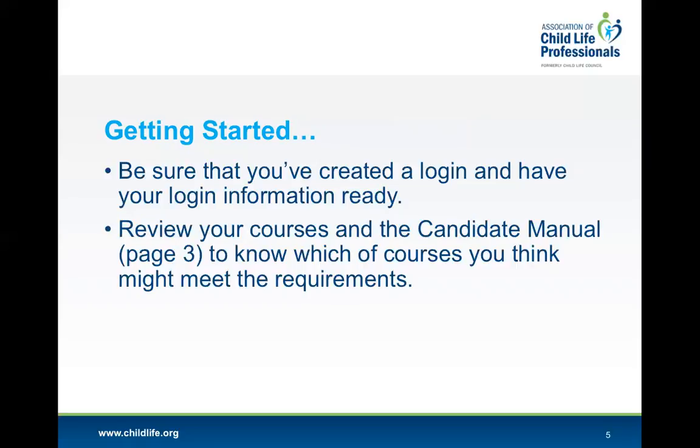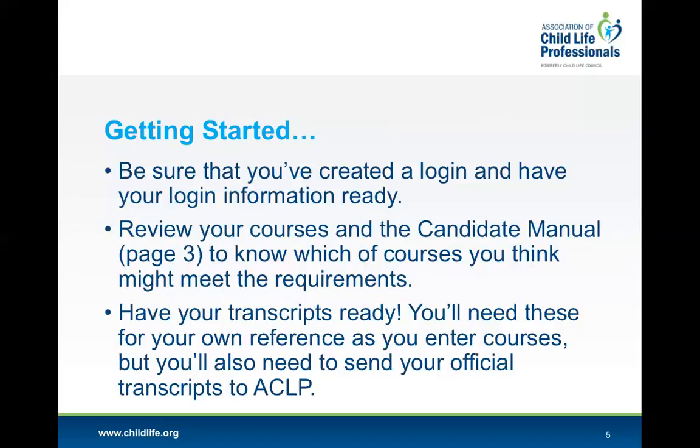On page 3 of the manual, it provides you detailed information about the current requirements and will be extremely helpful throughout this process. Last, have your transcripts ready. You'll be entering courses, and it's important to have this information on hand. Remember, you'll also need to be sure to send us your official transcripts.